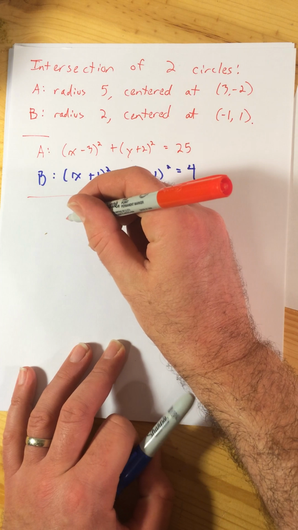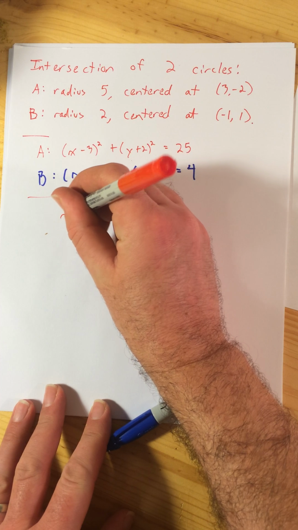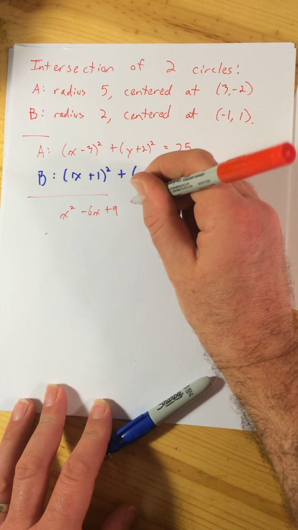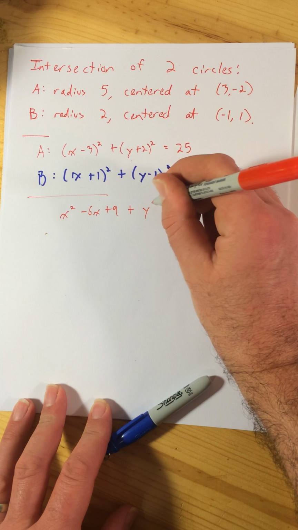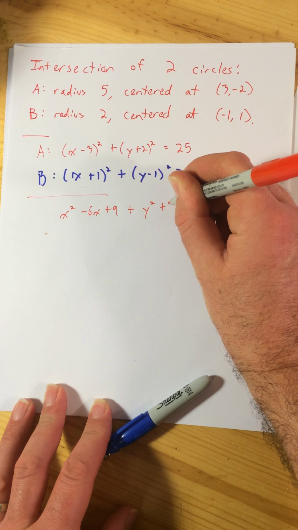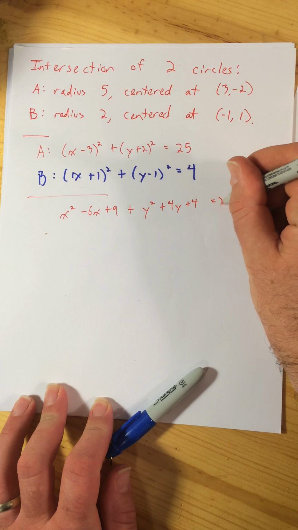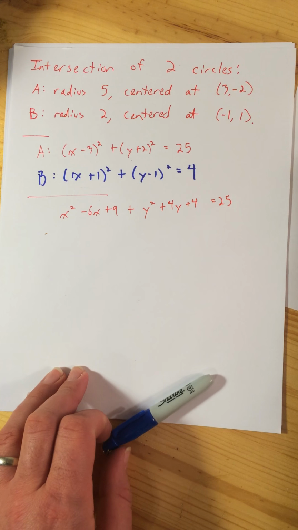So if I expand out A, what I've got is x² - 6x + 9 from the first part. I've got y² + 4y + 4 from that part. So that's equal to 25.